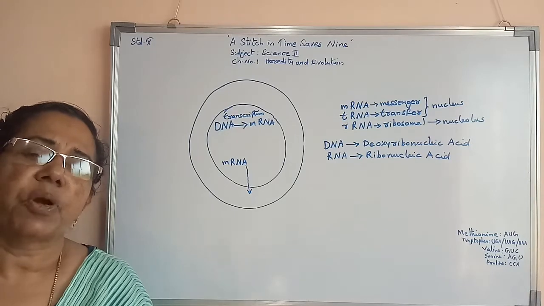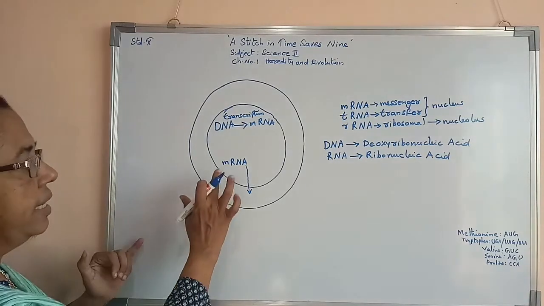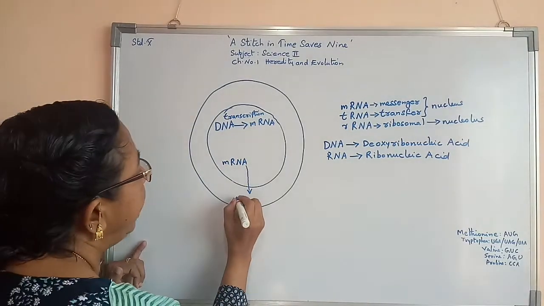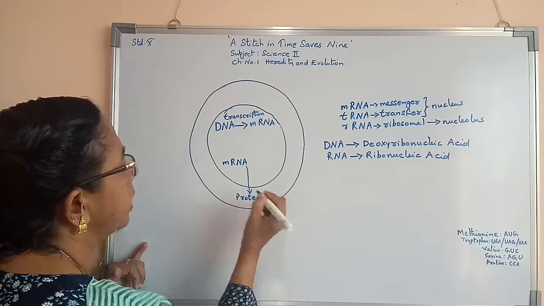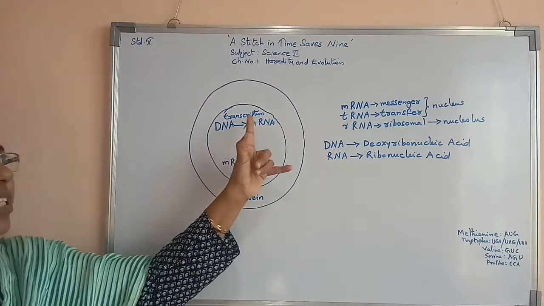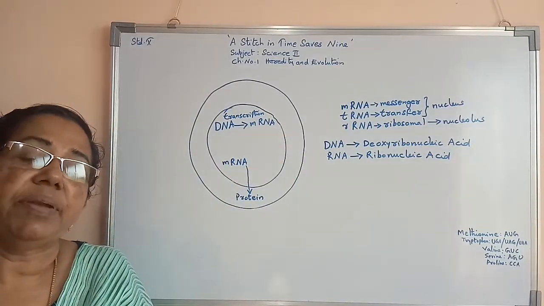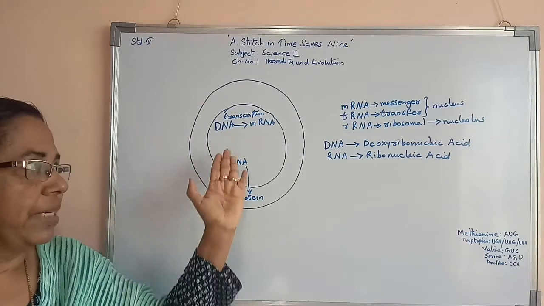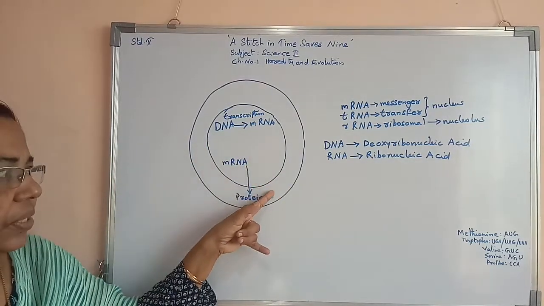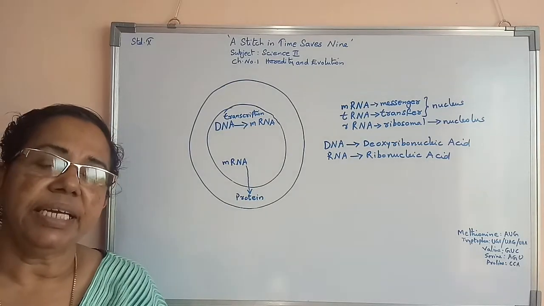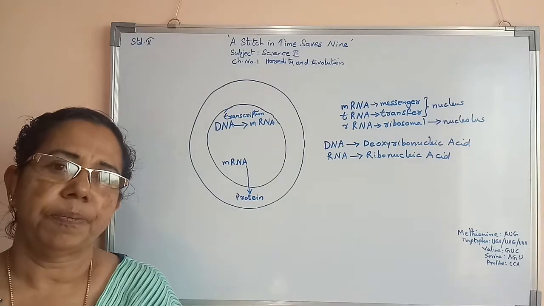There the production of protein will take place. So messenger RNA helps in the synthesis of protein. DNA helps in the formation of messenger RNA, which is released from the nucleus into the cytoplasm, where it helps in the production of protein.